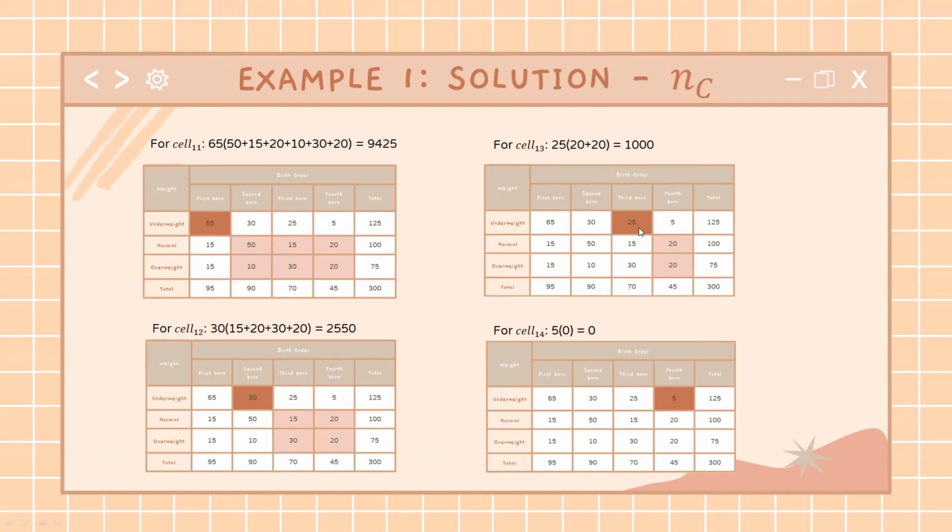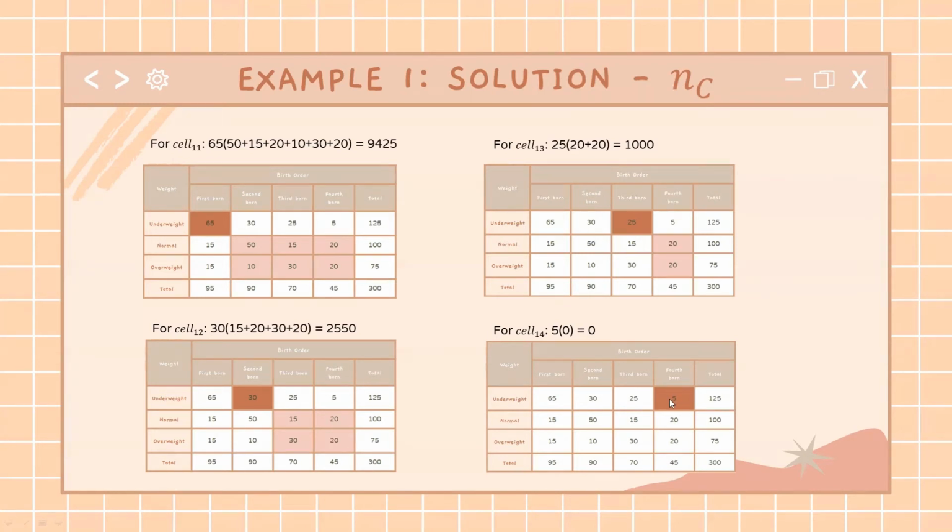For cell sub 1, 3, which is underweight and third-born, the sum of the frequencies of all the cells that fall below the underweight row and to the right of the third-born column is 25 times the quantity 20 plus 20 is equal to 1,000.